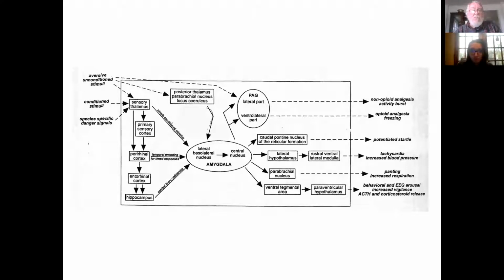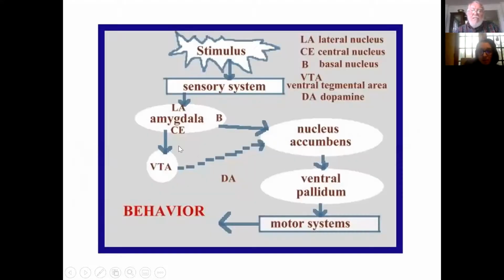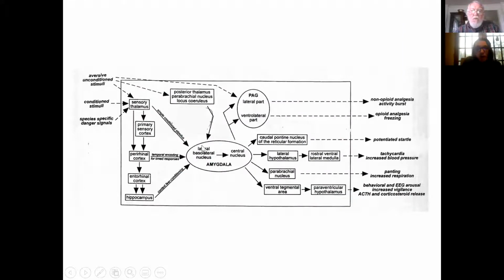All of this stuff comes through the conditioned stimuli, and then what we basically call, or what Lorenz and von Frisch and people like that would call instinctual behaviors, basically come through the sensory thalamus. And notice with the sensory thalamus, you then have this input going into this perirhinal cortex, entorhinal cortex, and hippocampus, and this information is being generated right into the basolateral nucleus.